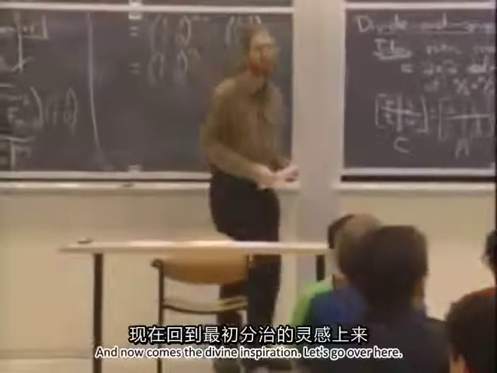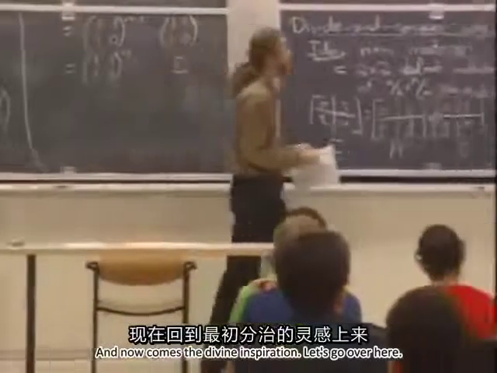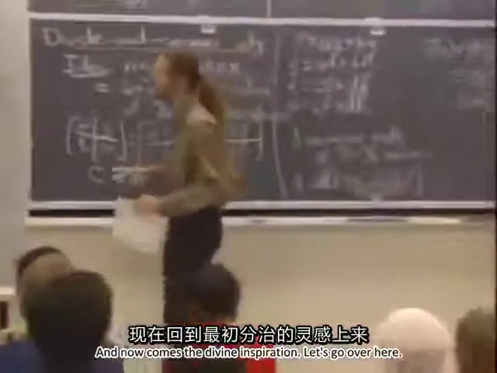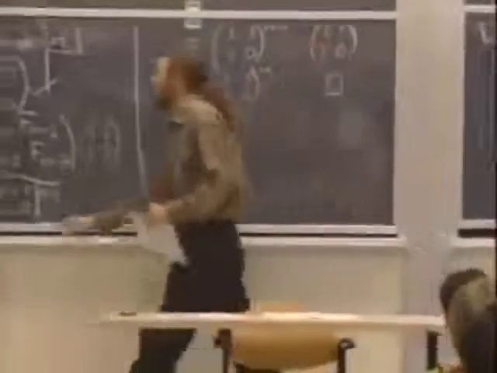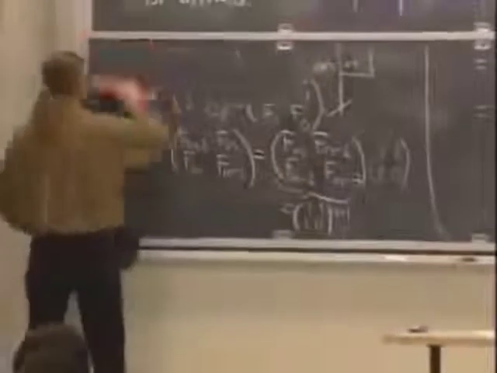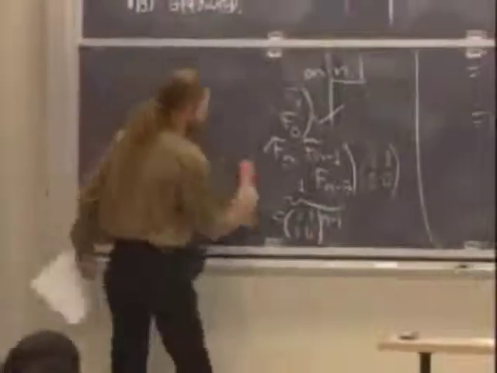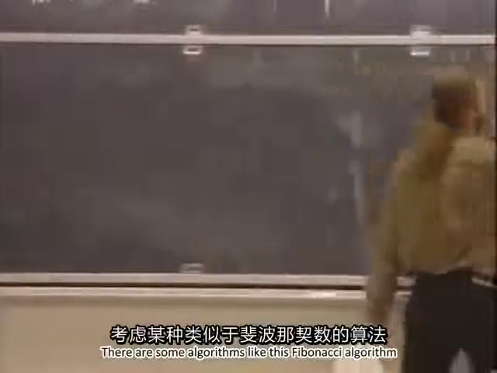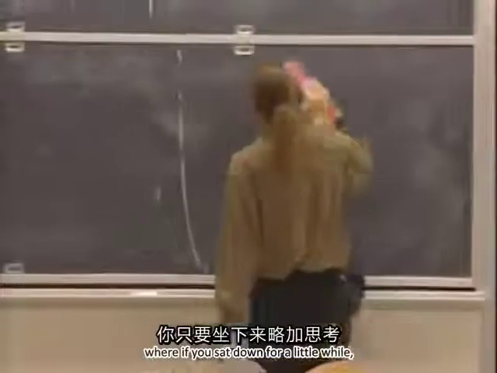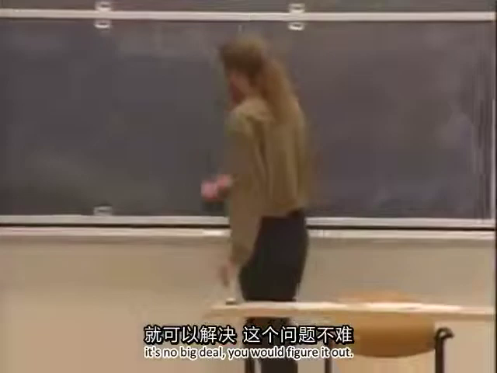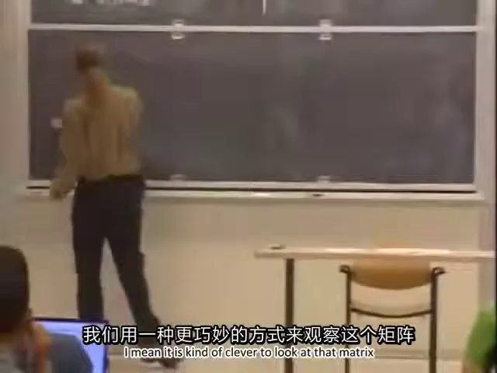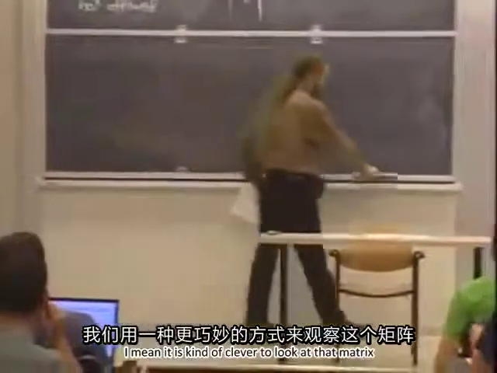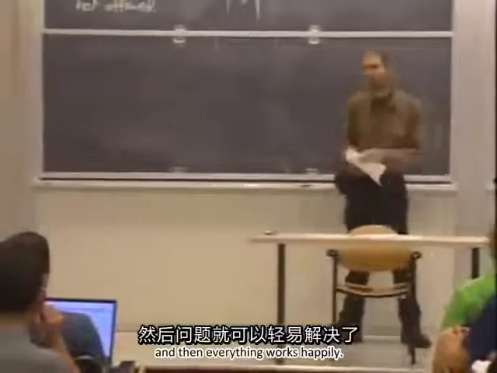And now comes the divine inspiration. You know, there are some algorithms like this Fibonacci algorithm where if you sat down for a little while, it's no big deal, you'd figure it out. I mean, it's kind of clever to look at that matrix and then everything works happy.